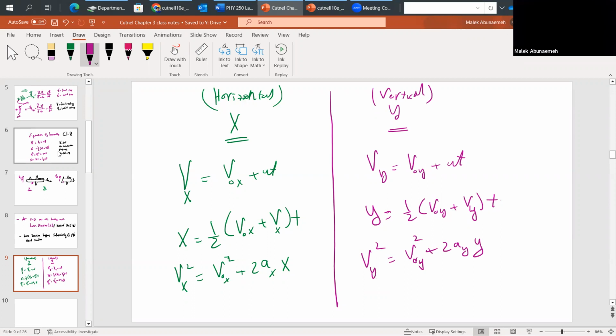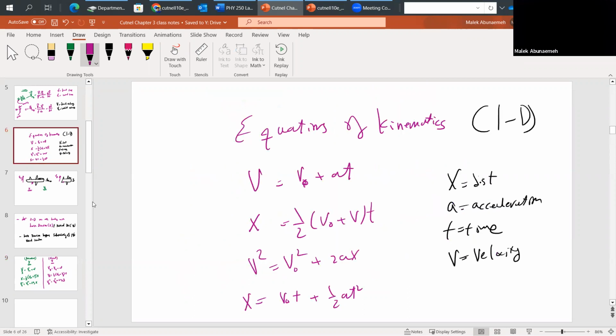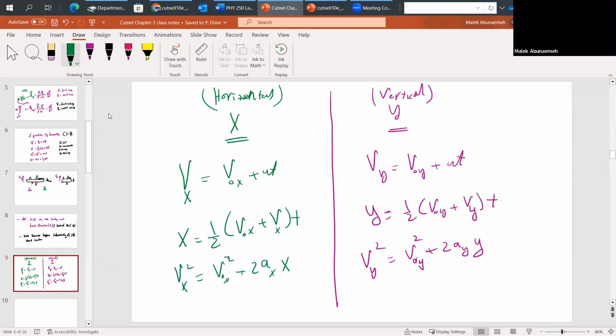Finally, the last equation that we have: x equals your initial velocity times T plus 1/2 A T squared. That means your x equals V naught x times T plus 1/2 times the acceleration in the x direction times T squared.